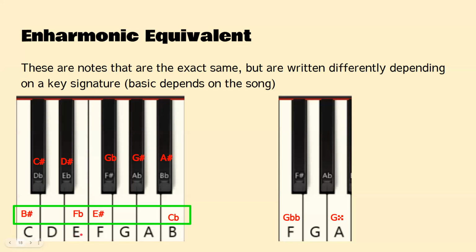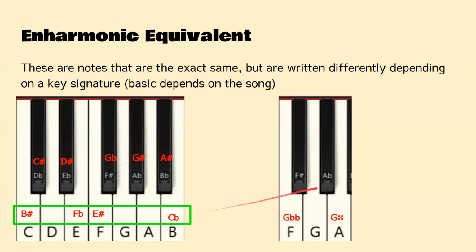So F is really E sharp, and E is really F flat, and same thing with B and C. B is really C flat, and C is really B sharp. But these notes, B sharp, F flat, E sharp, and C flat, are not very common unless you have a very complex key signature. So usually you would just see C, E, B, and F.